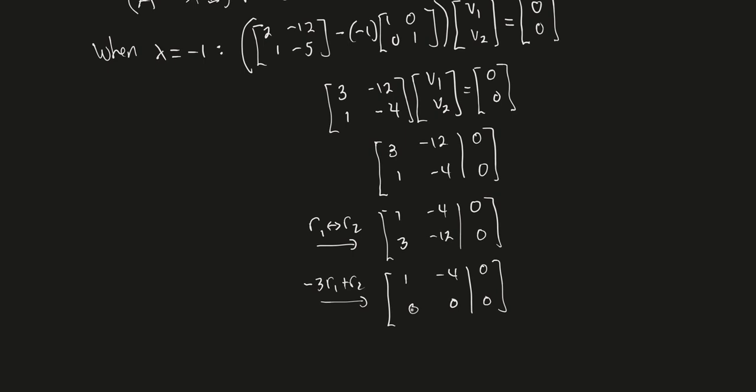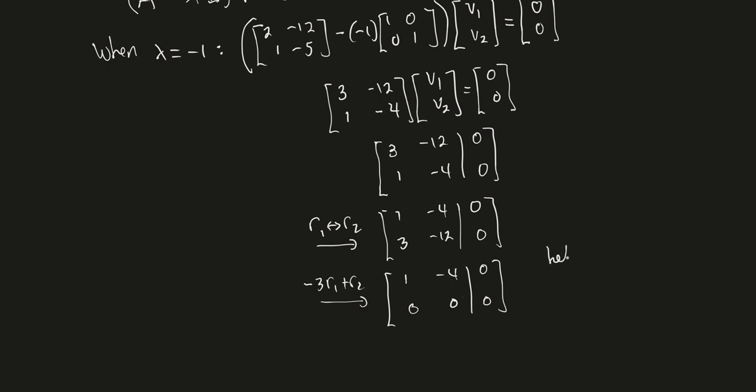So it can only have infinitely many solutions, because a homogeneous linear system is never inconsistent. So we throw out inconsistency because it's homogeneous. We throw out the unique solution by making sure that our coefficient matrix does not have an inverse. That only leaves infinitely many solutions, right? So here's our free variable.